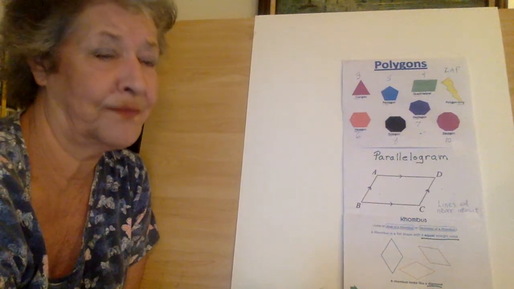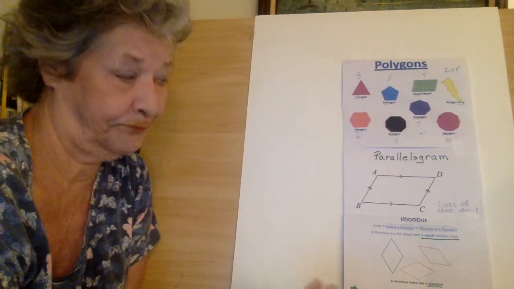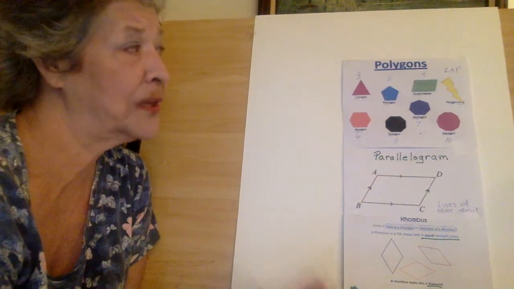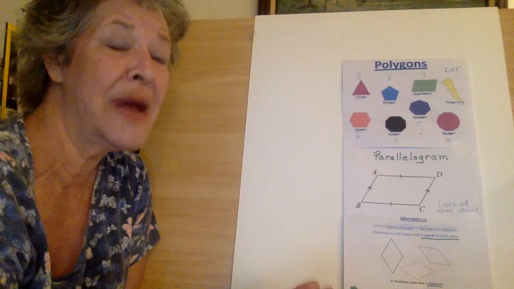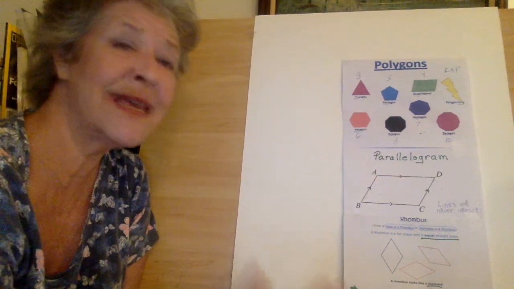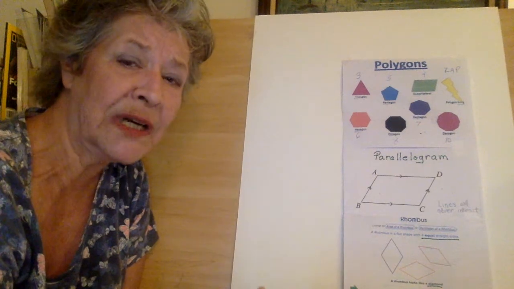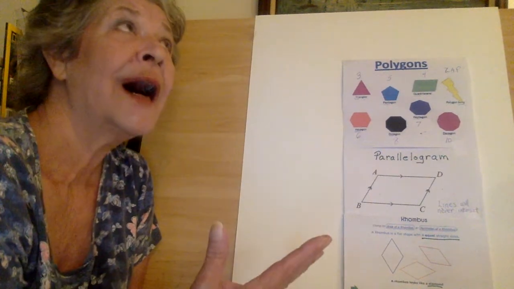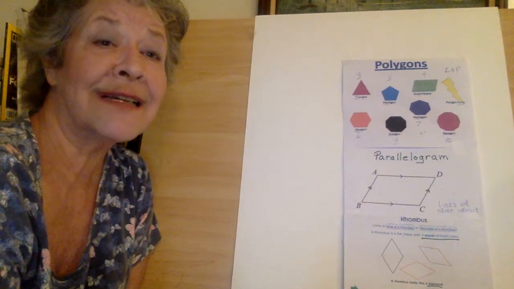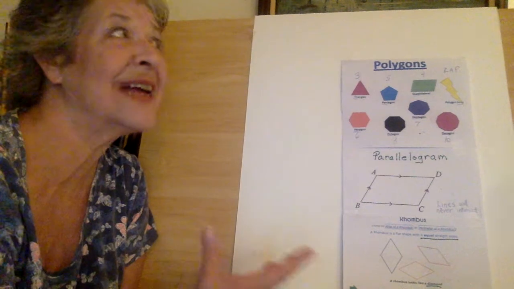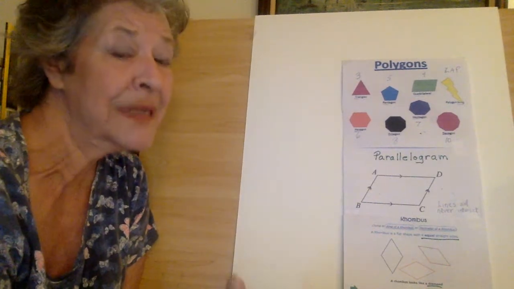All right, I want you to draw your shapes, color them, cut them out, and then glue them or paste them onto a piece of paper and make a picture with just geometrical shapes. Oh, it can be abstract. You know what? It doesn't need to make sense.